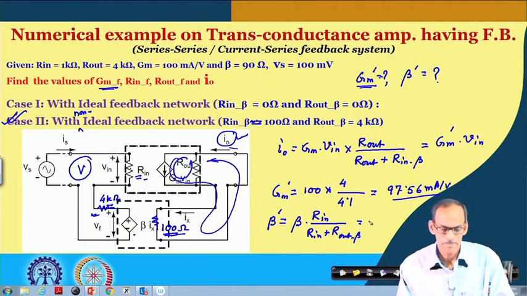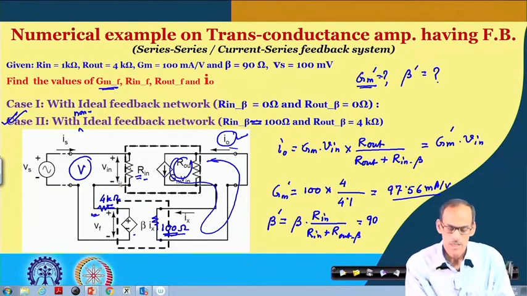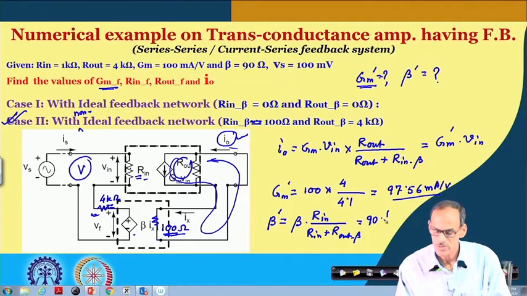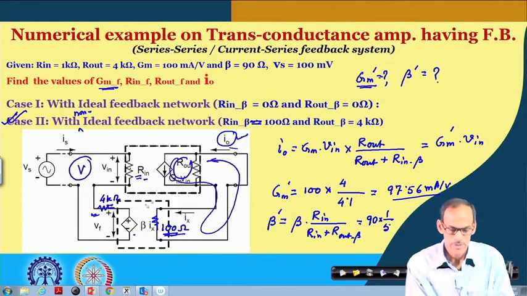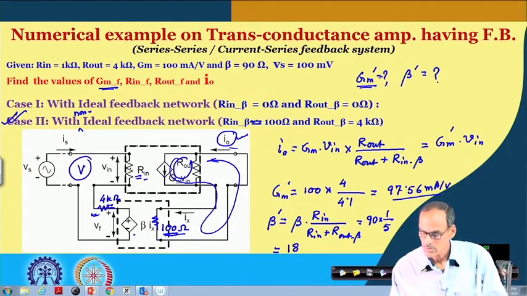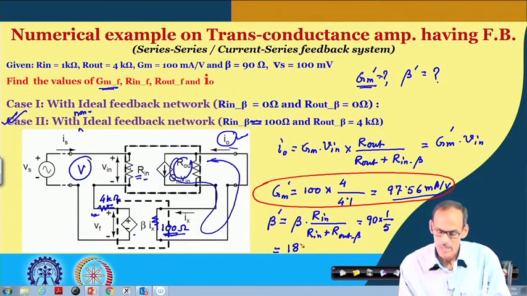So, that is beta, it is 90, and R in is 1 k and this is 4 k. So, this is 1 by 5. Yes. So, this is 1 k, this is 4 k. So, that gives us beta dash equal to 18. So, that is how we can calculate GM dashed and the beta dashed.